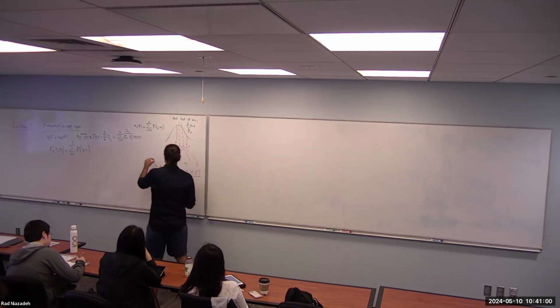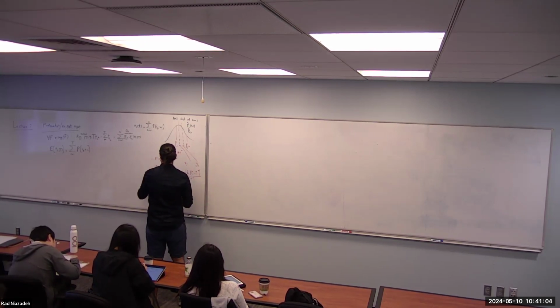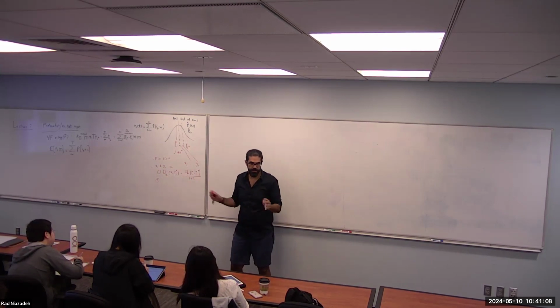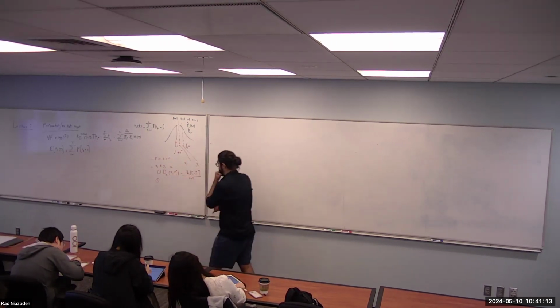So fix some epsilon greater or equal than 0. And then x_J and y_J, which are not parameters that the algorithm uses, these are parameters I'm using in my analysis, are designed such that, first of all, this is true.